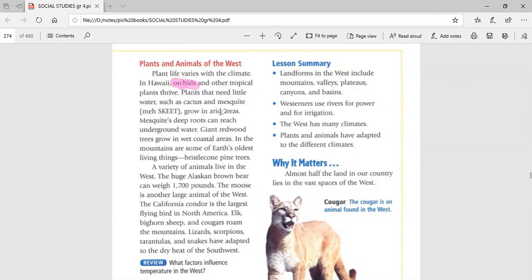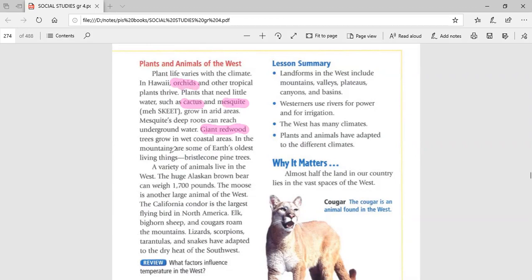Okay, the second kind of plants, we have cactus, for example. We have mesquites. By the way, guys, the mesquite's root is very deep, so it can reach underground water. We have redwood trees also. These are the plants of the West, and they grow in the coastal areas.